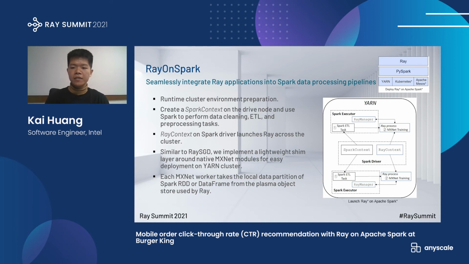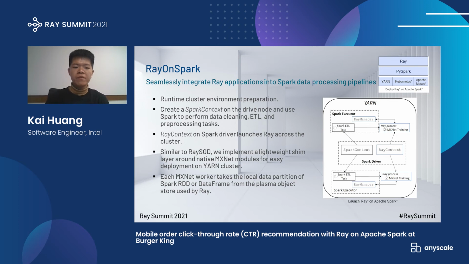Later, Ray on Spark would additionally create a Ray context object on the Spark driver as well, which utilizes the existing Spark context to launch Ray processes alongside Spark executors under the same cluster. As you can see in the figure, additionally, we create a Ray manager within each Spark executor to automatically shut down the Ray processes and release the corresponding resources after the Ray programs finish.